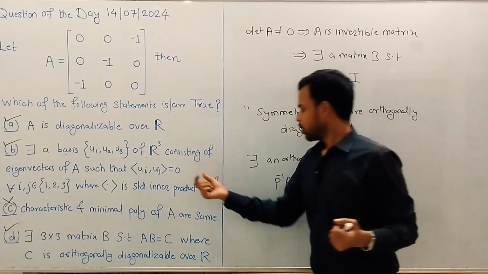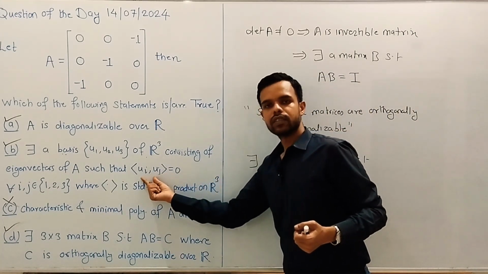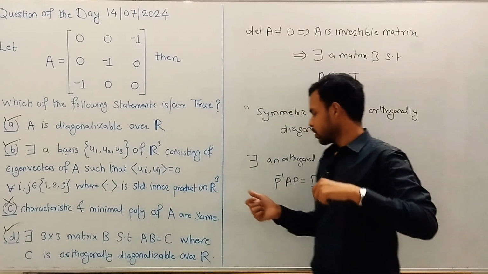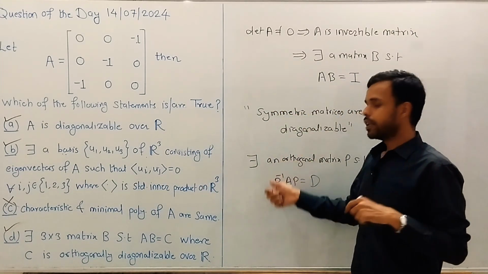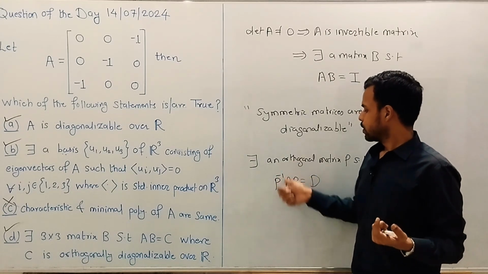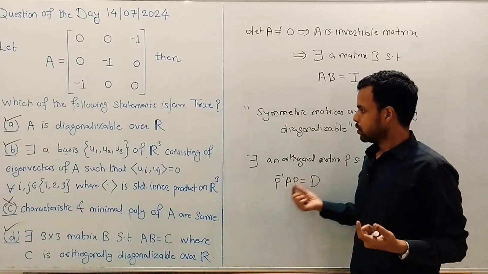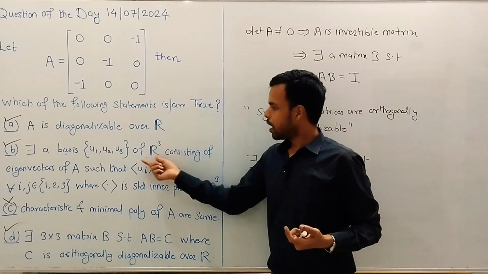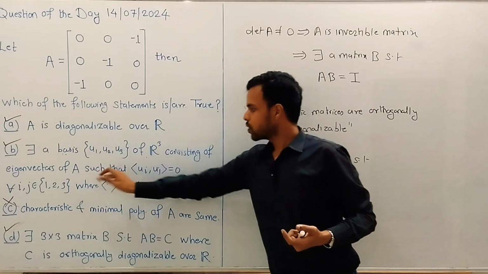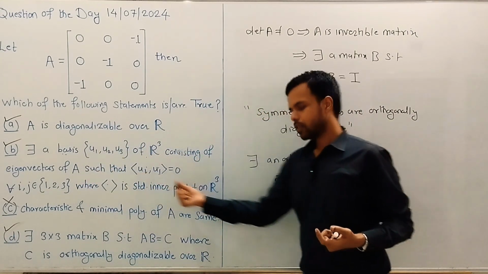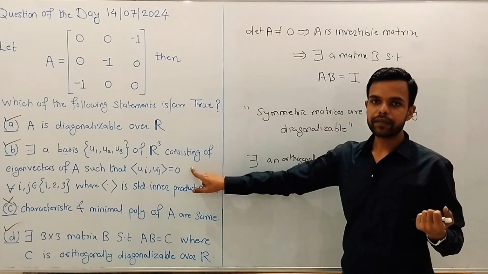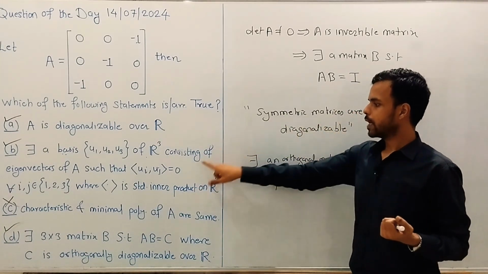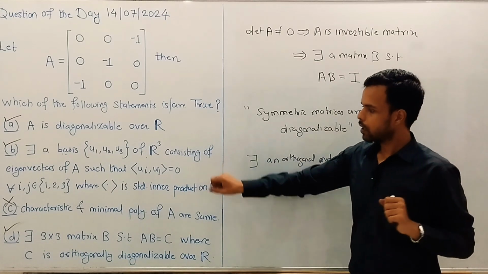By theory, the column vectors of P are eigenvectors and they are linearly independent because A is diagonalizable. So there exists a basis of R3 consisting of eigenvectors of A which satisfy this condition. So the statement in B is also a true statement.